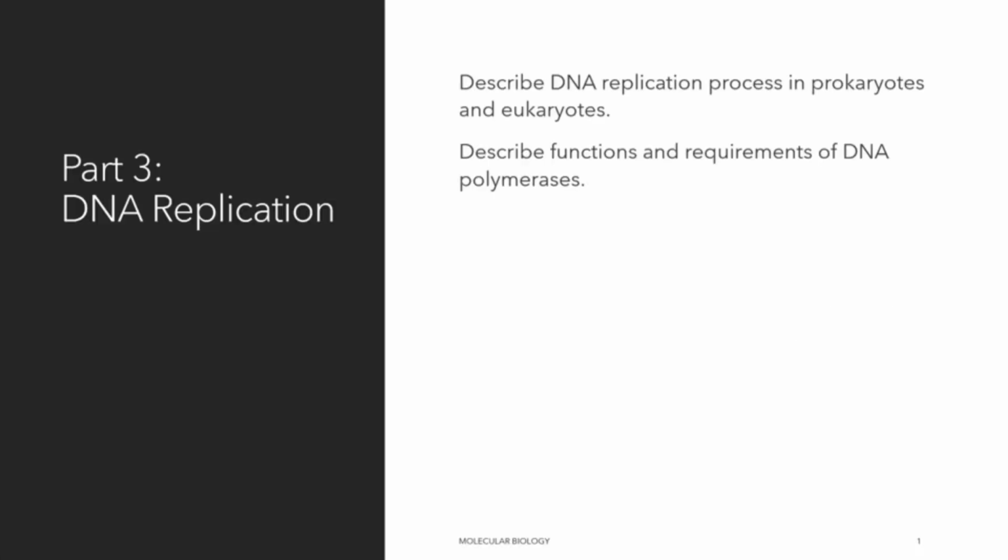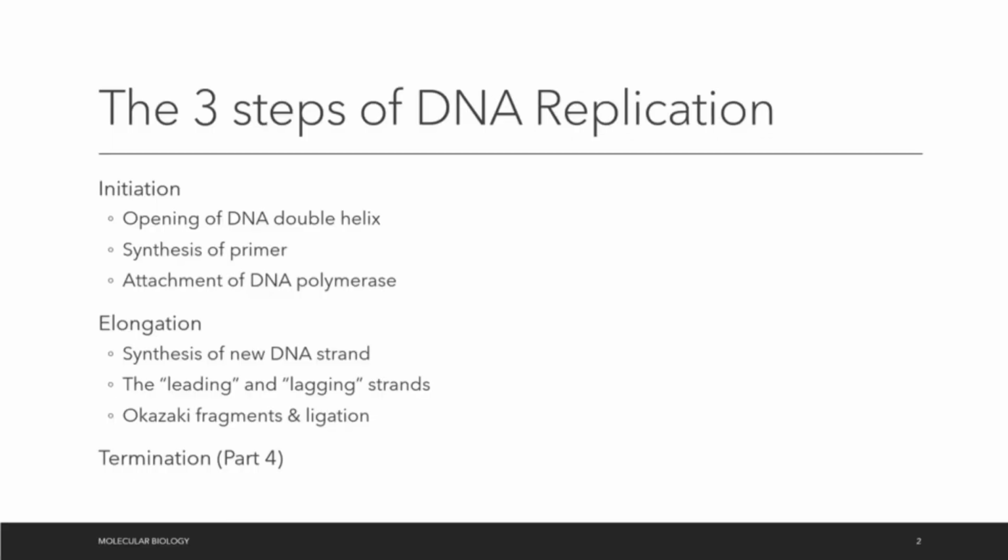Welcome back to part 3 on DNA replication. In this part of the topic, we'll describe the DNA replication process in both prokaryotic cells and eukaryotic cells, and also talk about the different functionalities of the DNA polymerases. DNA replication is a three-step process: initiation, elongation, and termination.